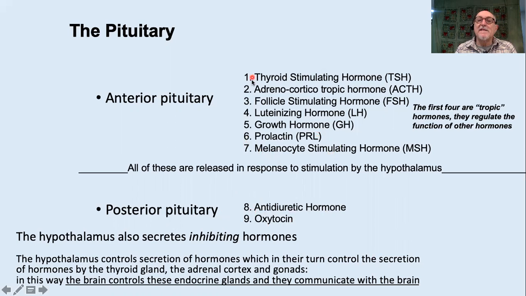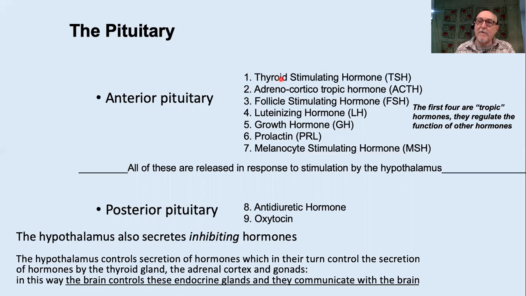Now we're going to remember these 6 for the anterior pituitary, and they are thyroid stimulating hormone. Guess where it operates? Thyroid stimulating hormone acts on the thyroid and gets the thyroid to release thyroxine or thyroid hormone, which raises the metabolism of the body. It will raise the temperature, for example.